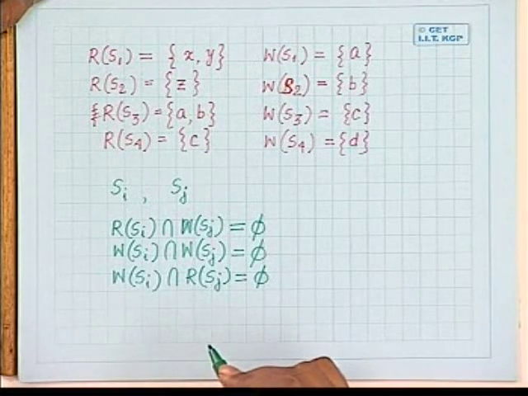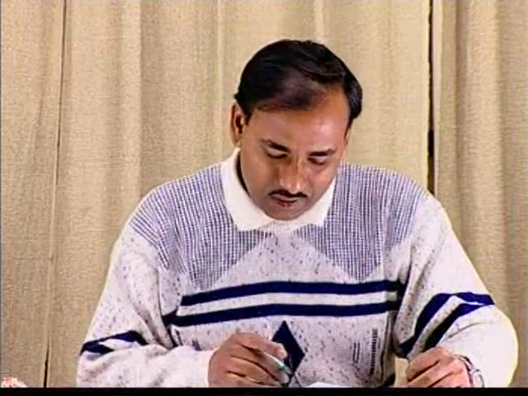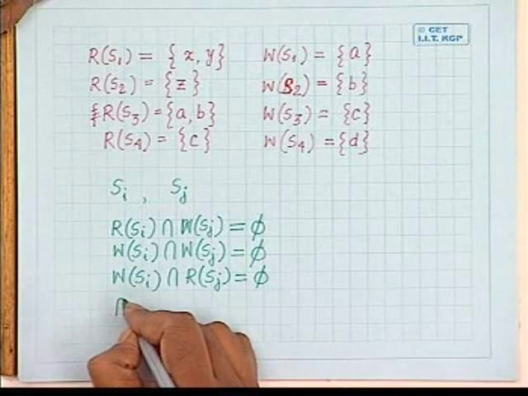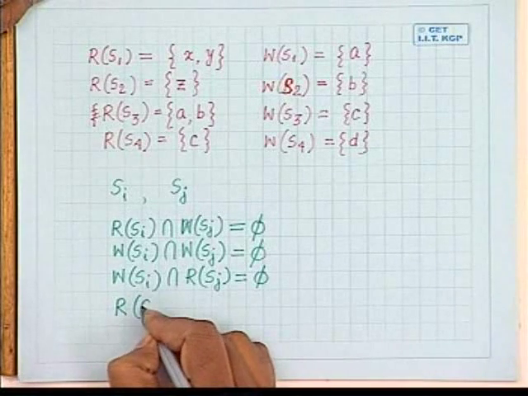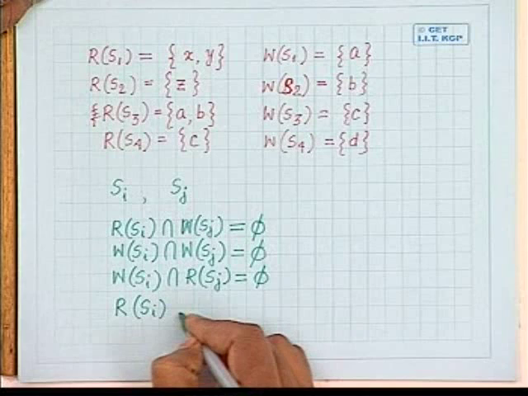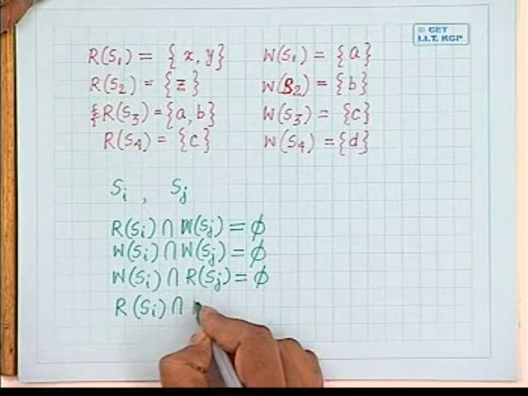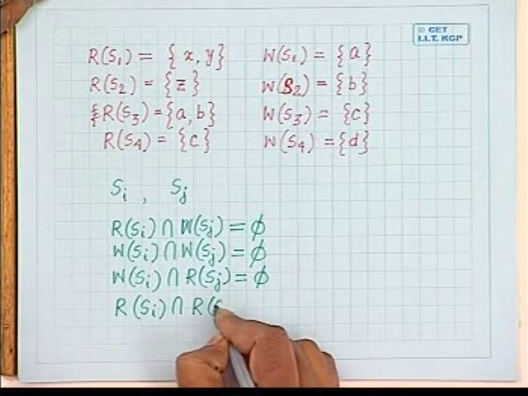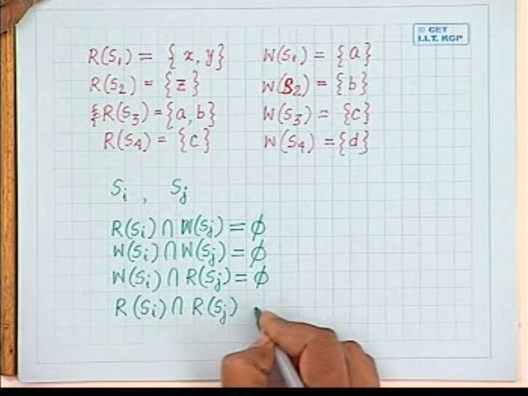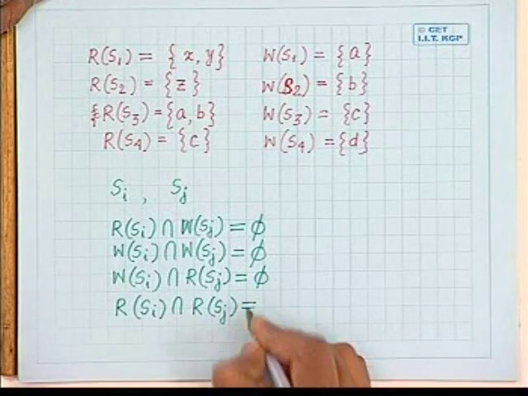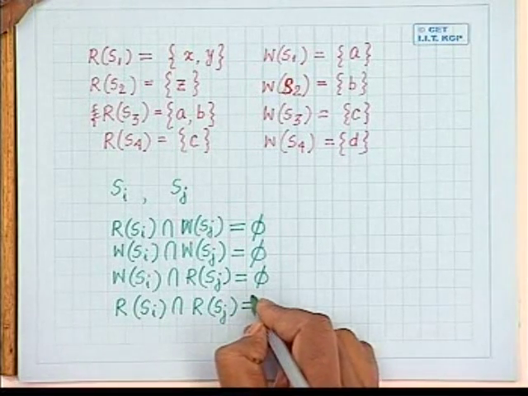However, if the read sets intersect, that does not prevent the two statements from executing concurrently. Okay. So, the read set of Si intersection with the read set of Sj, that may be null or it may not be null.